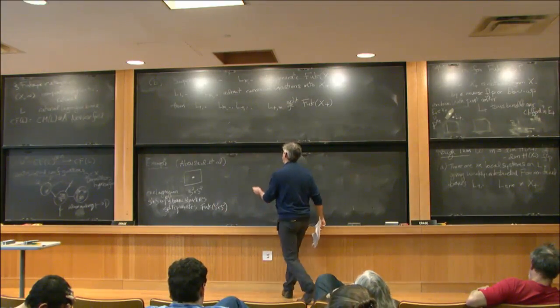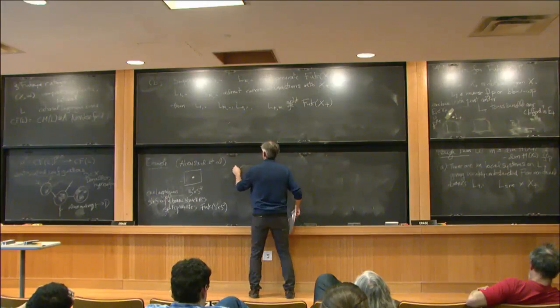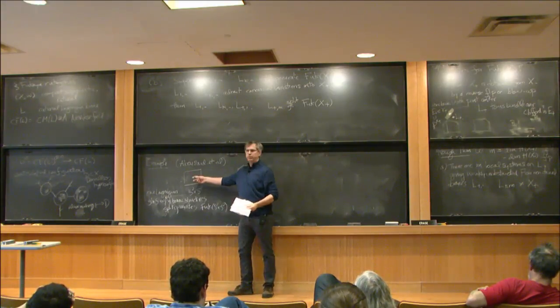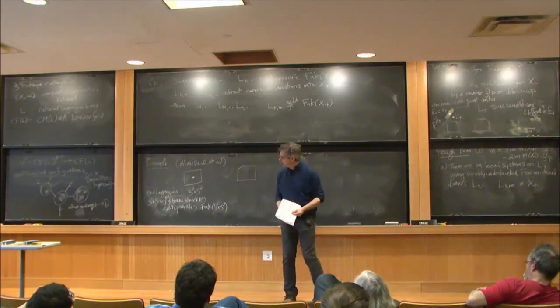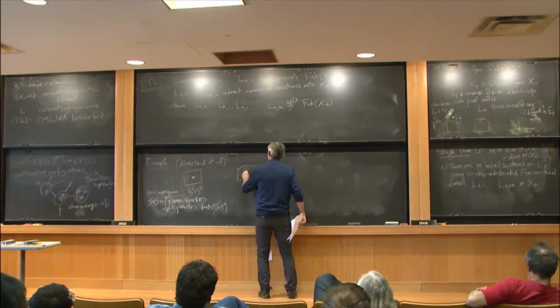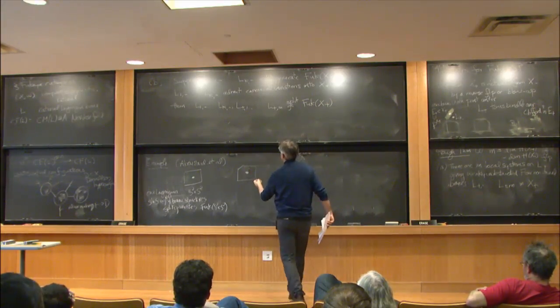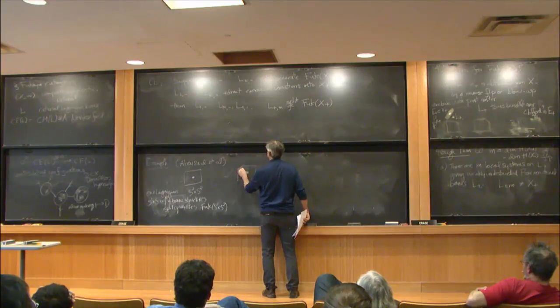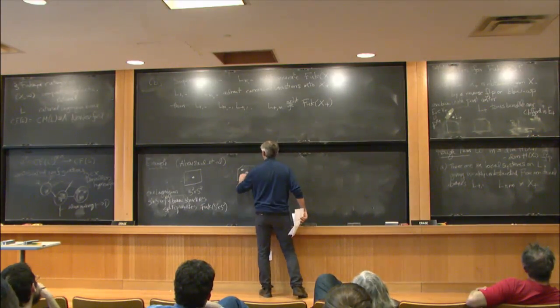So when I blow up, there's no problem extending this Lagrangian to the blow up, right? Because it's just a torus fiber. So that's an example of where you don't need to worry about the existence of this canonical variation. So then this says that you just get an additional generator.